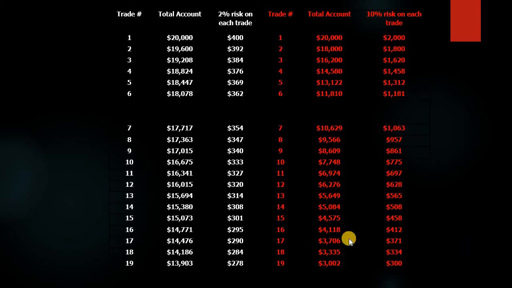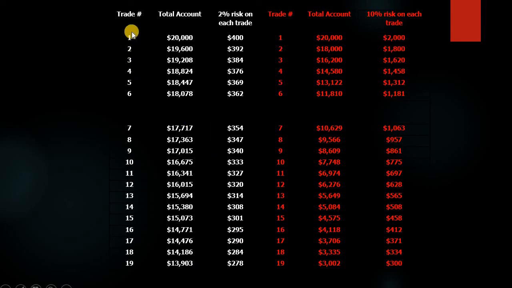Now, even after the end of 19 consecutive losing trades, the total balance for this trader still remains $13,903, compared to this trader, which is $3,002. For this trader, I think he has succeeded in blowing his account, but this trader is still very much alive in the forex trading business.